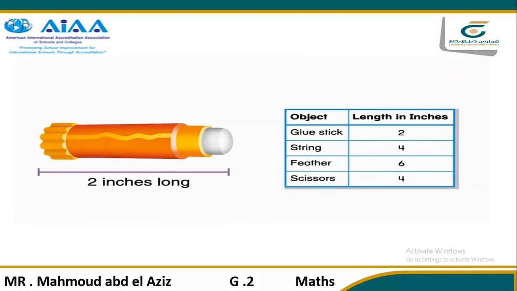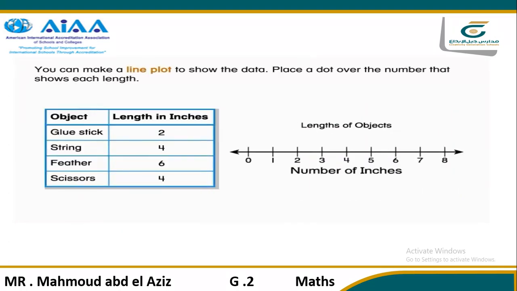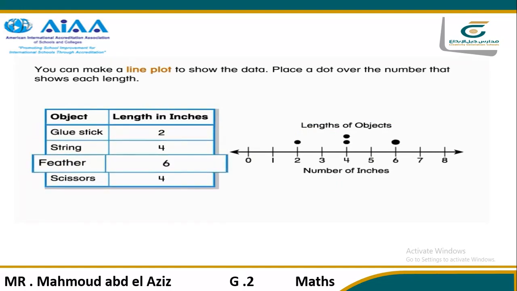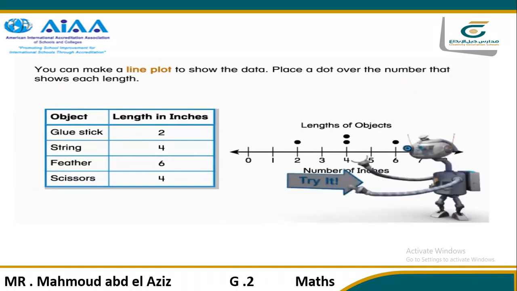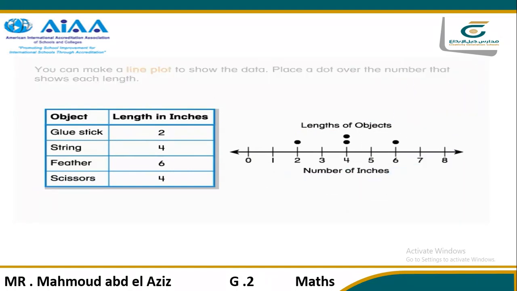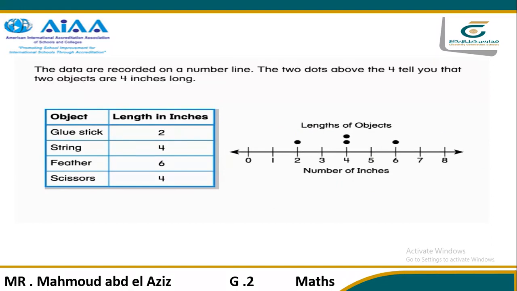You can make a line plot to show the data. Place a dot over the number that shows each length. Why do you think this is called a line plot? The data are recorded on a number line.